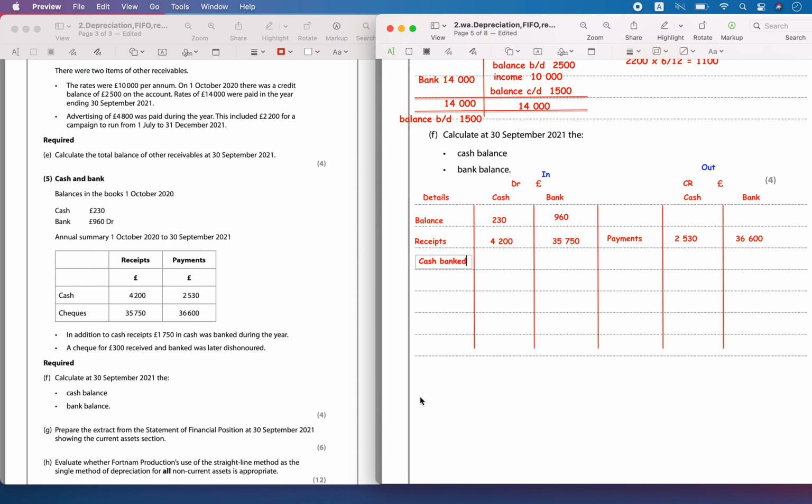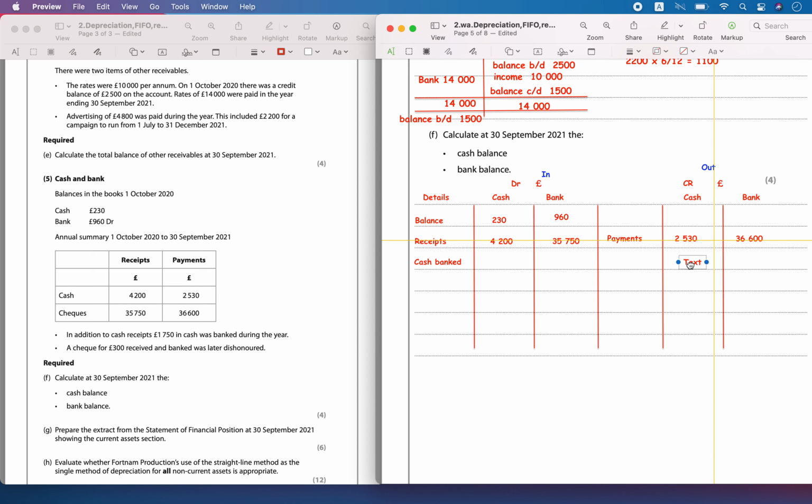So it says that in addition to the cash receipts, 1,750 in cash is going to be banked during the year. What does this mean? This cash is going to be sent into the bank. It has to leave the business.